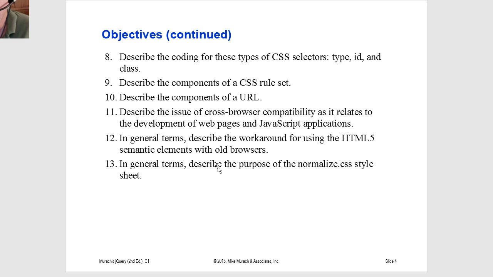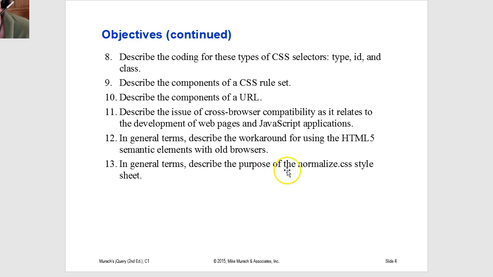Describe the issue of cross-browser compatibility. What often happens is it might work in one browser and not the other. That used to be a big thing in the early days of the web, where it will work in Explorer but not work in Netscape, or vice versa, and describe some workarounds for HTML5.